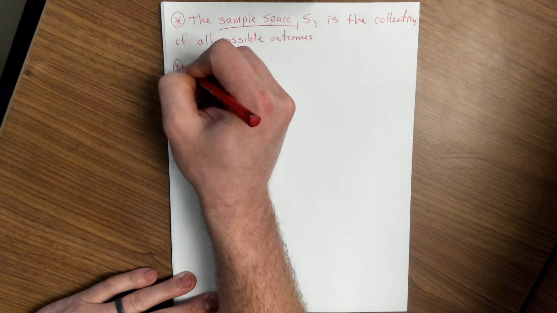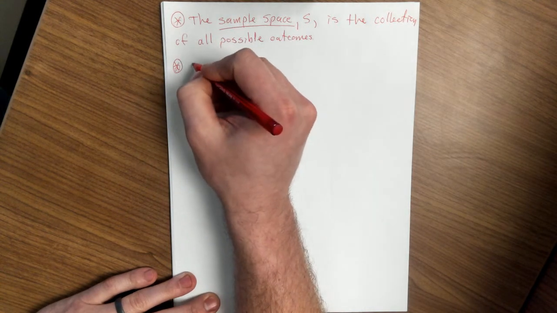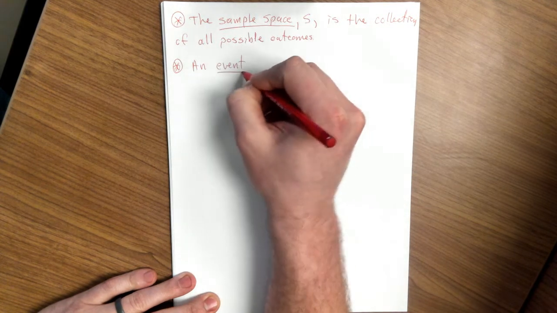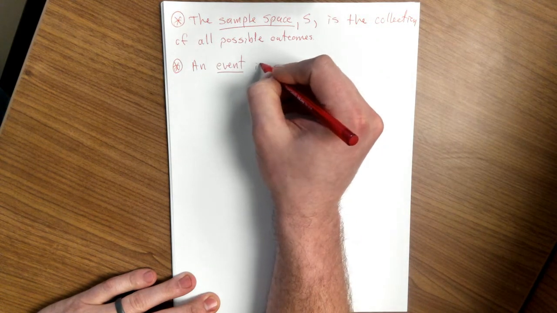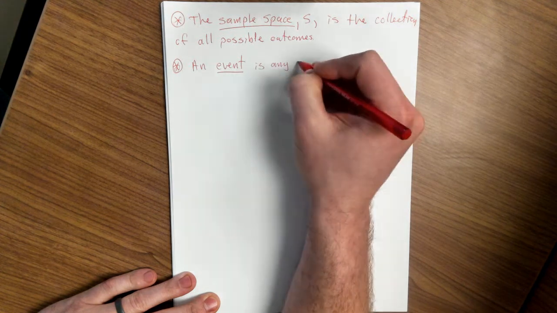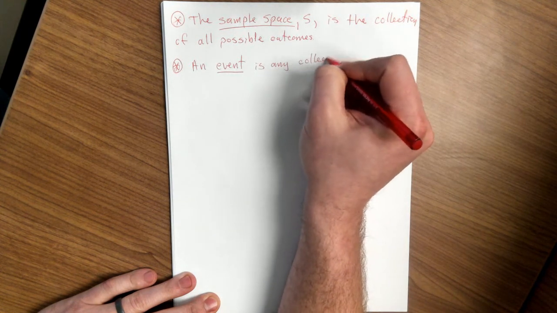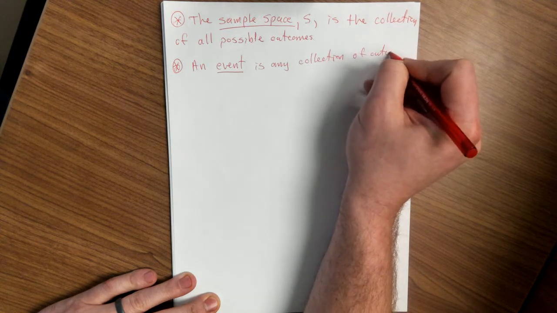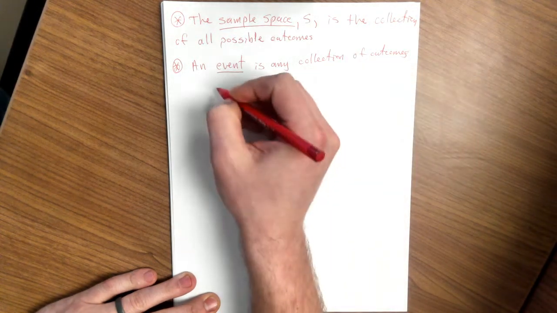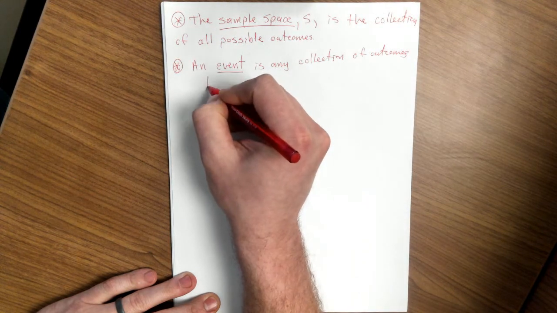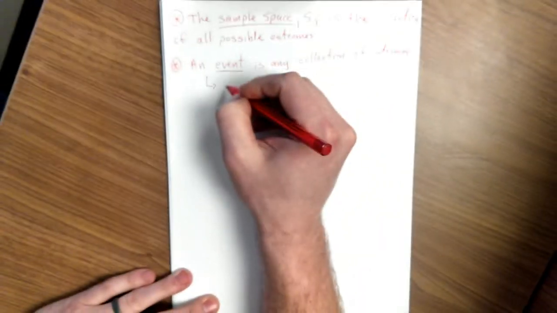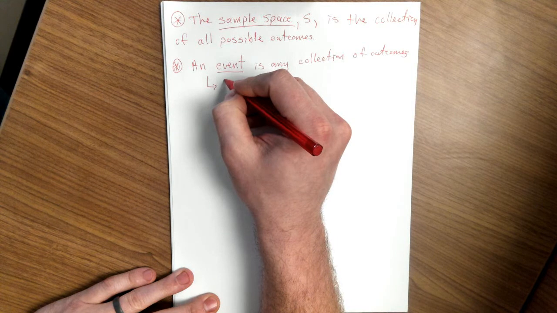And the next thing we need to identify is called an event. An event is any collection of outcomes. Our sample space is S, and here we're going to have some other notation for an event.